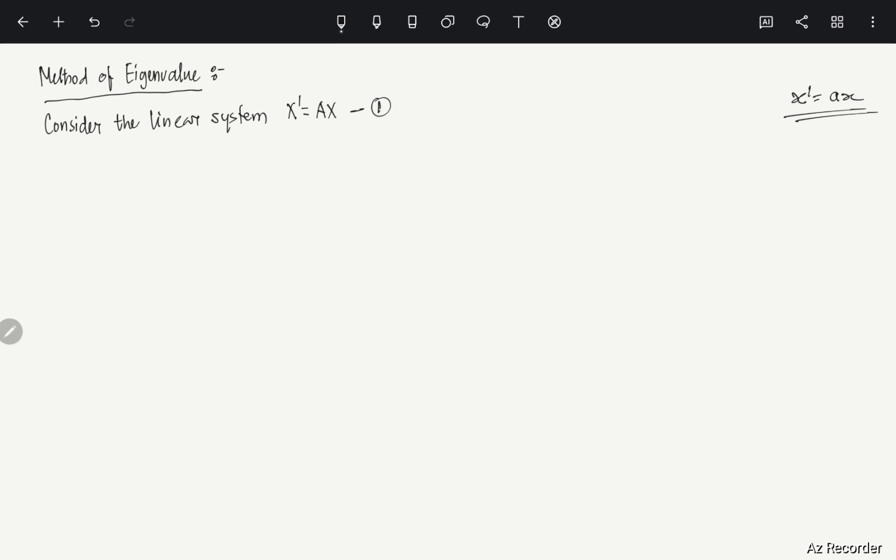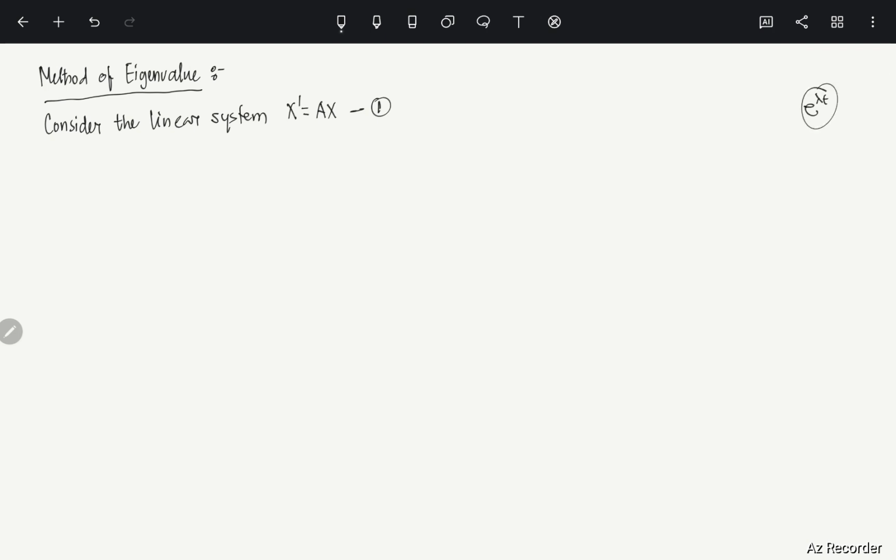You can also try that e power lambda t is a function which satisfies this equation, and then you can find lambda for which this holds. The similar thing, e power mx, we also do for second order equations. The same sort of idea, we'll try it here.